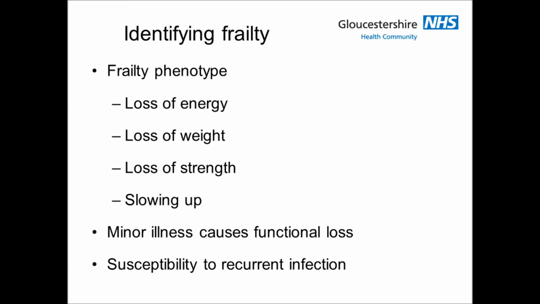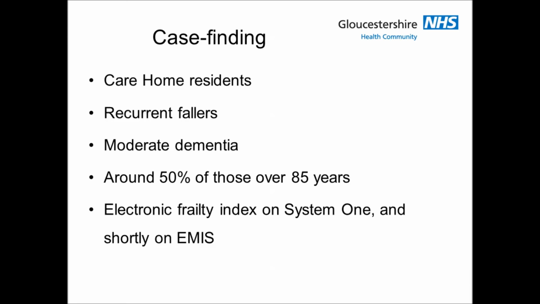So obviously we look after lots of different people in general practice, but if we're going to actually try and case find and actively look for these people, where might we look? Okay, clearly the care home population is one place where you'd expect to find frailty, and the majority of care home residents probably would be frail if we looked for it. Probably people who are recurrently falling are likely to be frail.